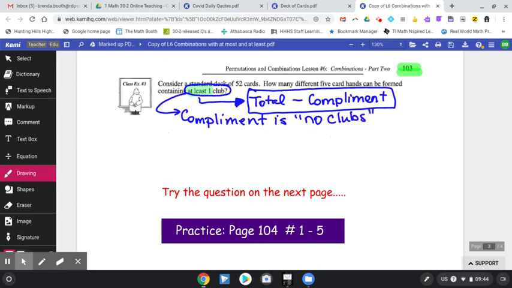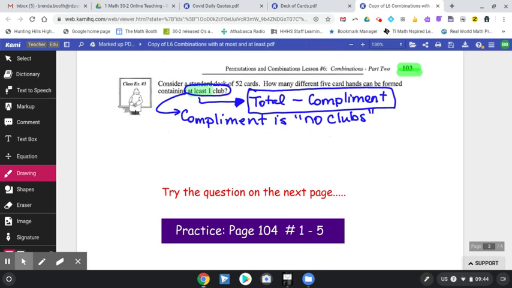If we were looking for at least one blue candy, the complement would be no blue candies. If we were looking for at least one adult, the complement would be no adults. All right, so let's see how this one's going to play out.